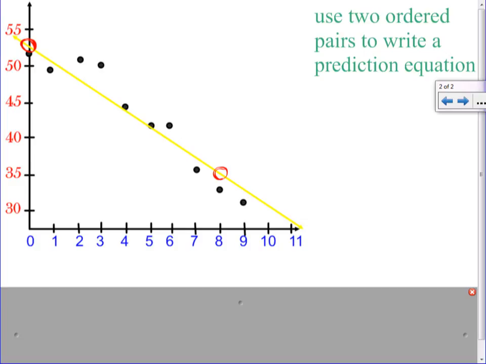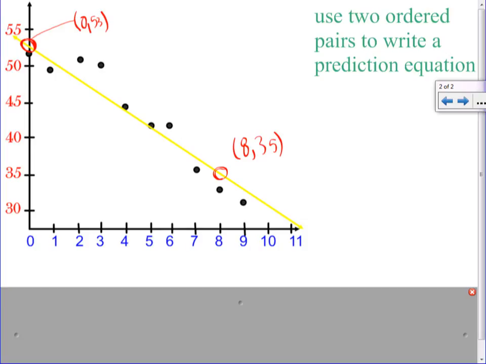So what would you say the coordinate is right here? Okay, so 0, 53. Okay, what would you say the coordinate is right here? 8, comma 35? Sure. Okay, so now we have 2 coordinates.